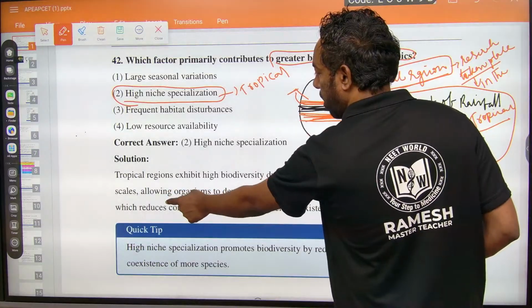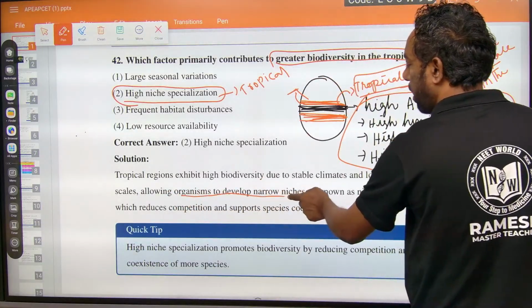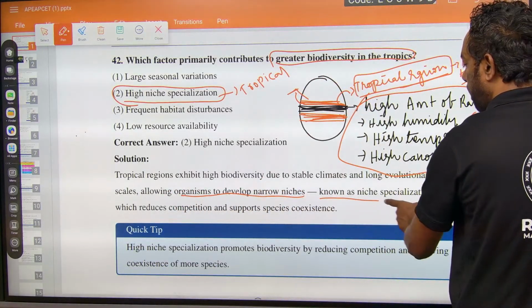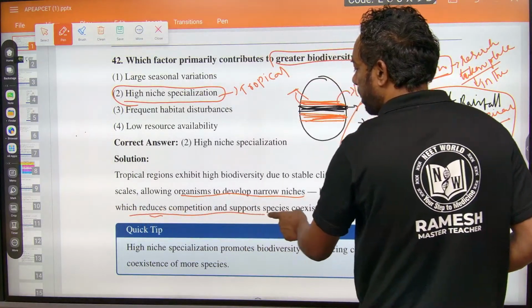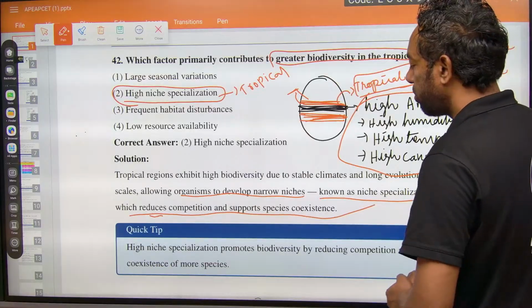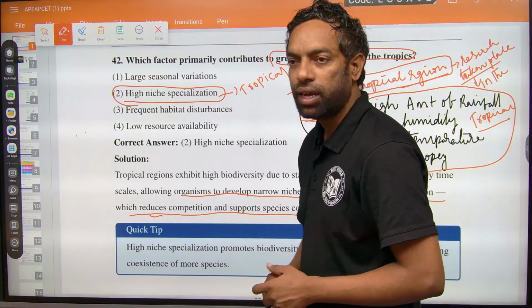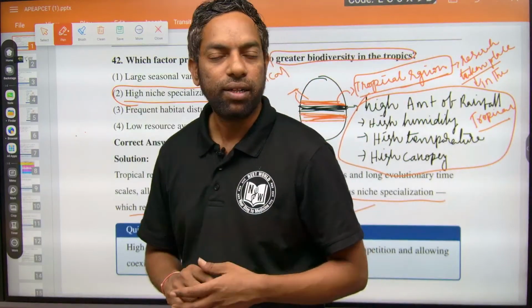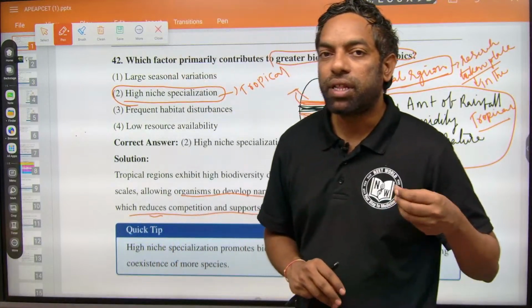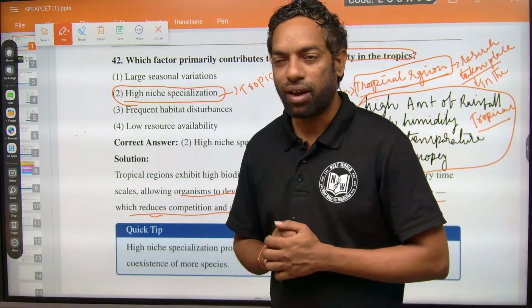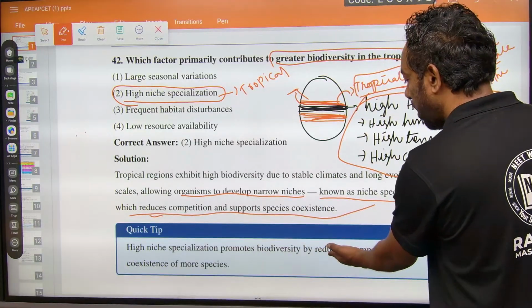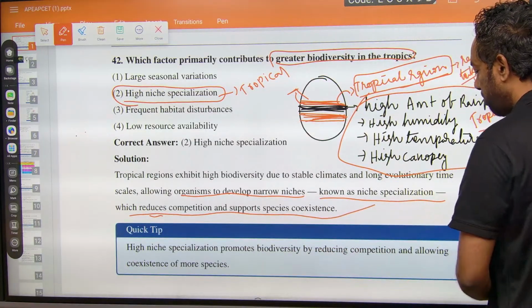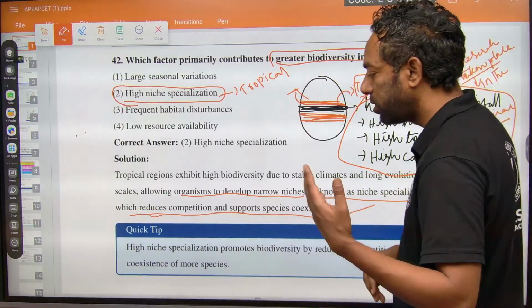It allows organisms to develop narrow niches, known as niche specialization. It reduces competition and supports species coexistence. Of course, there is no competition here; there is specialization for the coexistence of species. High niche specialization promotes biodiversity by reducing competition and allowing coexistence of species.